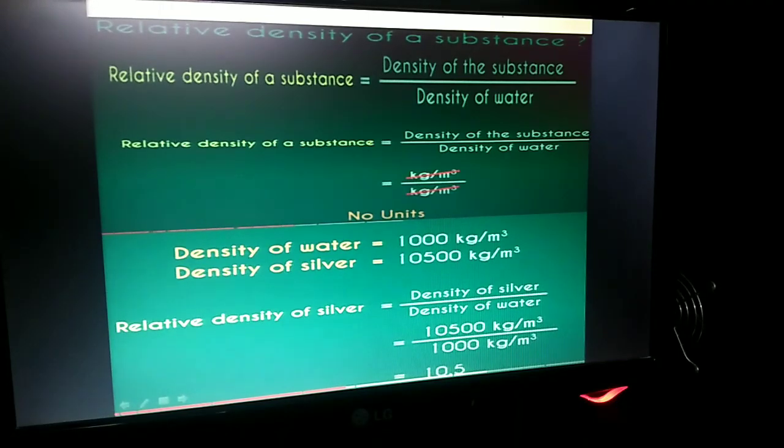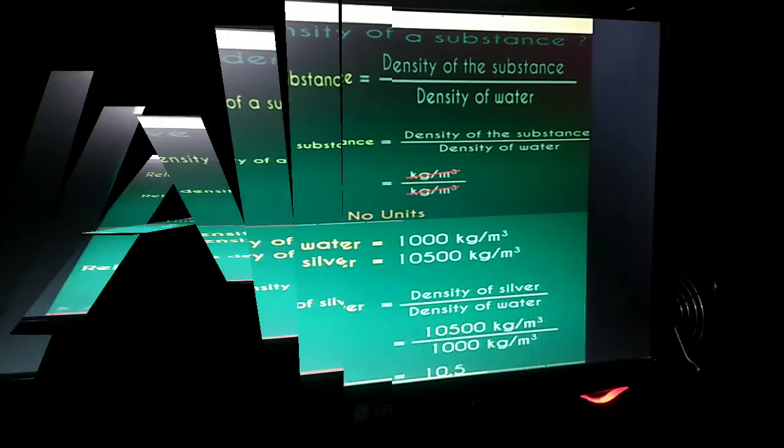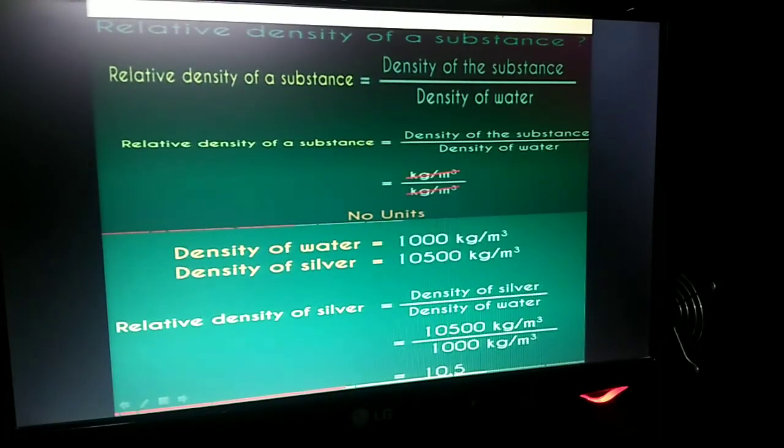Coming to the units, because both are densities, kg per meter cube by kg per meter cube gets cancelled, and there are no units for relative density, so it is just a number.